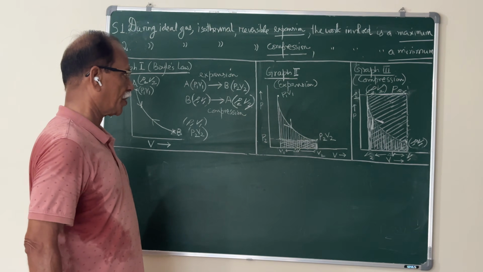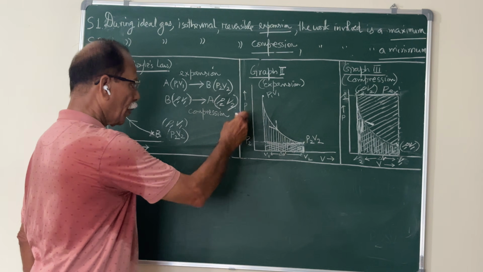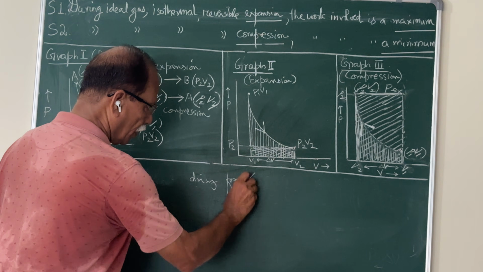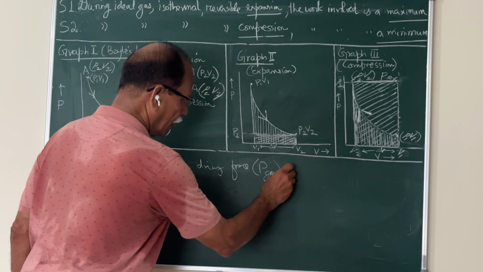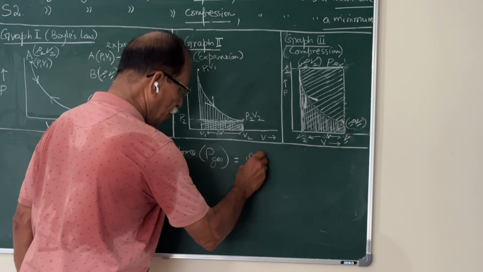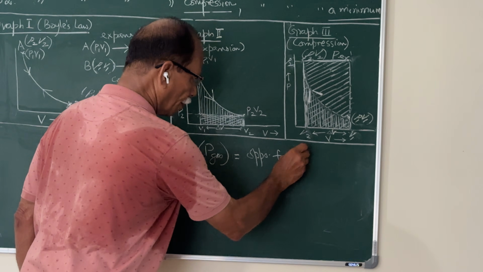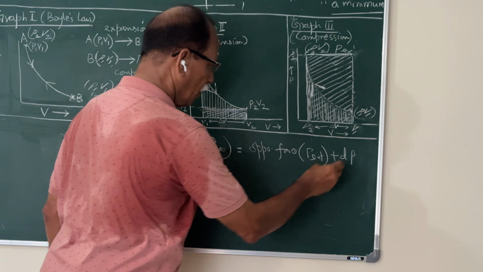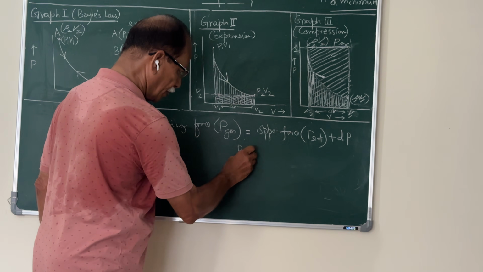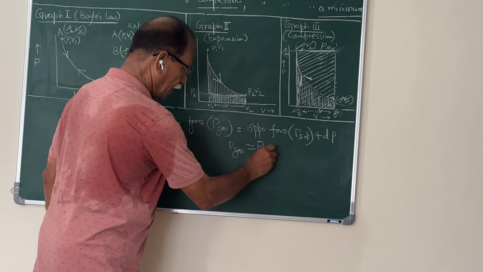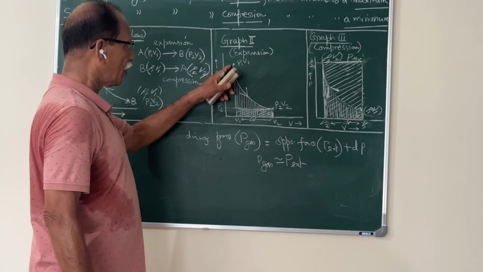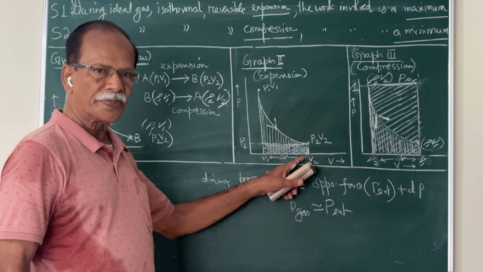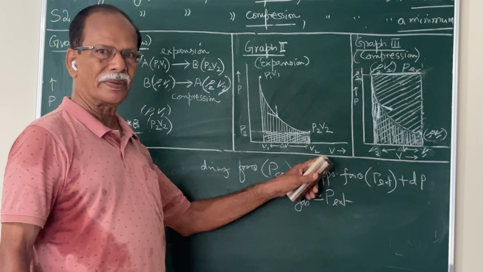First, reversible expansion. As I said, during expansion, the driving force is the pressure of the gas. It will be a little bit greater than the opposing force, the external pressure, by an infinitesimal amount dP. For practical purposes, P gas is the same as P external. As the pressure of the gas decreases in a hyperbolic style, the external pressure also decreases.